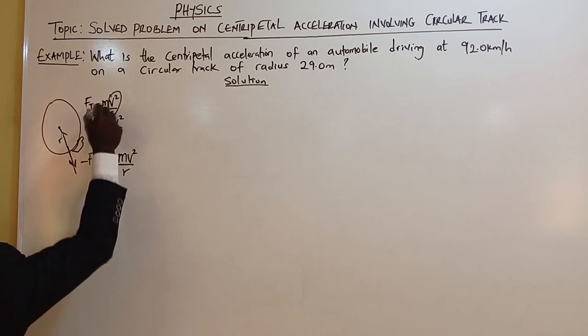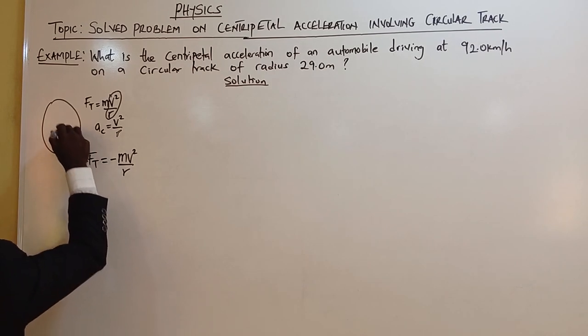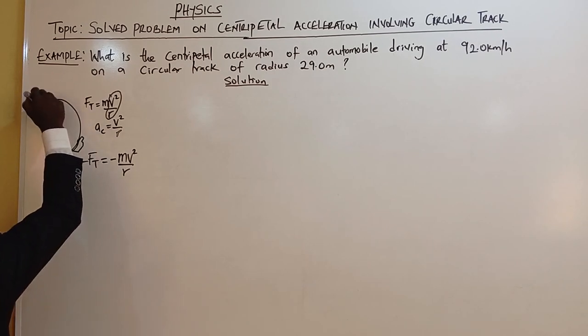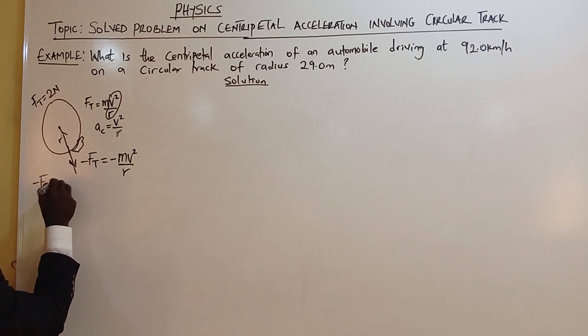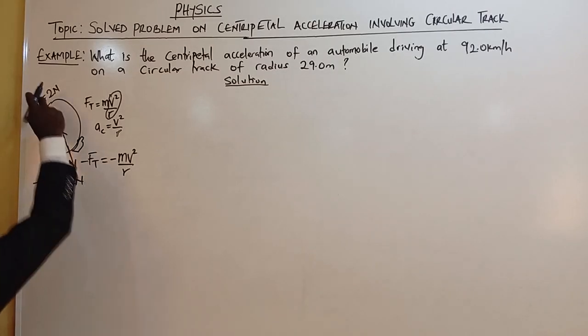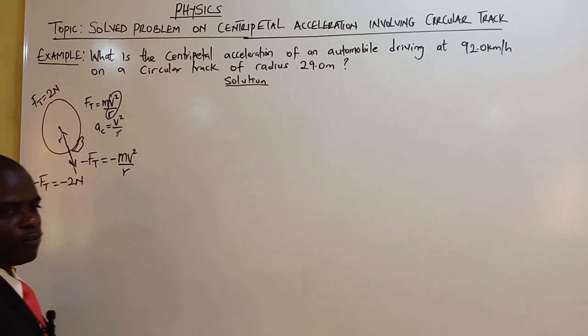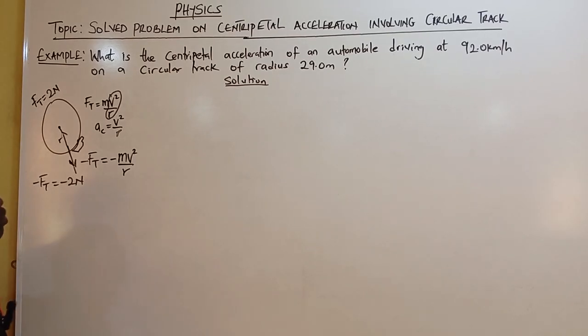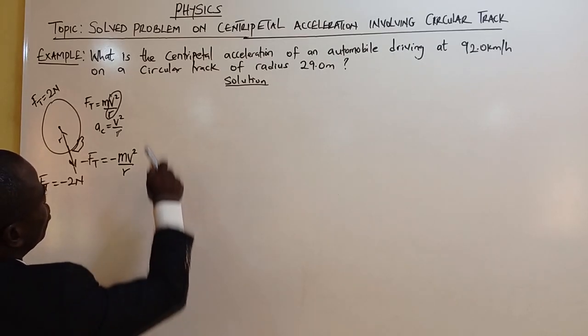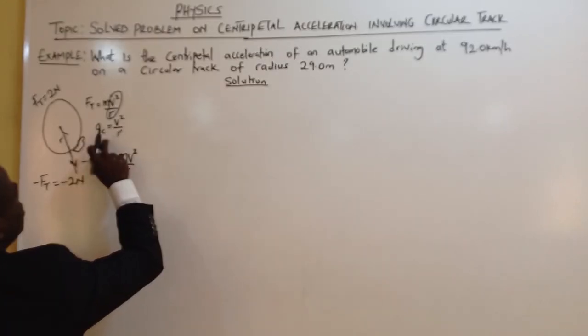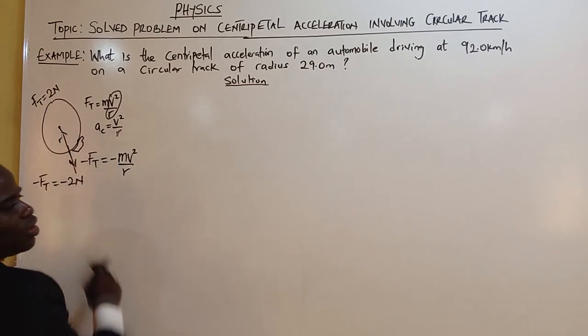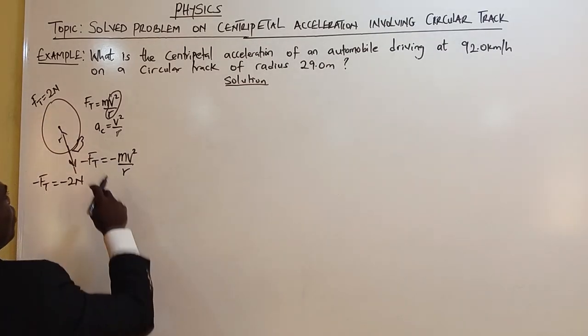Let me say when you get 2 Newton for the centripetal force, the centrifugal force, minus Fc, will be minus 2 Newton. See, the same value, but opposite to the centripetal force. Okay, now let's analyze the question. And don't forget that centripetal acceleration is also directed to the center of the circle.